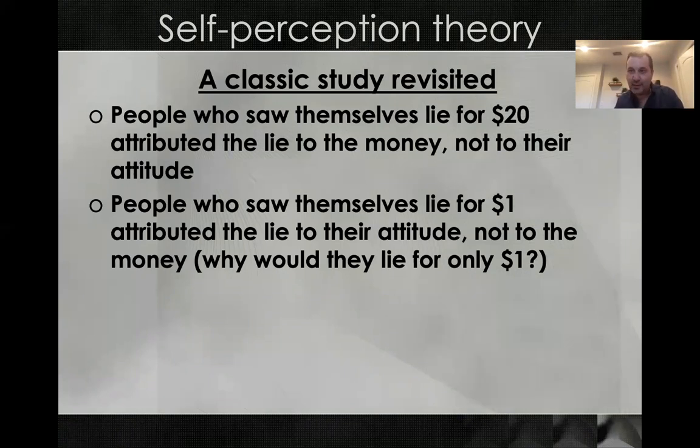All that's happening is that people are trying to figure out what their attitudes are, and they're thinking about their past behavior. And they're coming to a rational conclusion about what their attitude must be based on that past behavior. If I told someone else how much fun the study was, and I was only paid $1 to do so, I didn't do it for the money, so I guess I must really like the study.